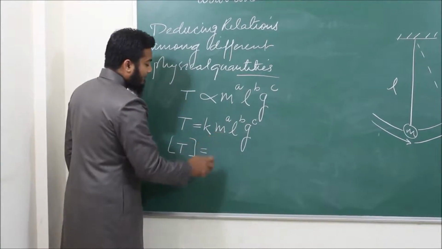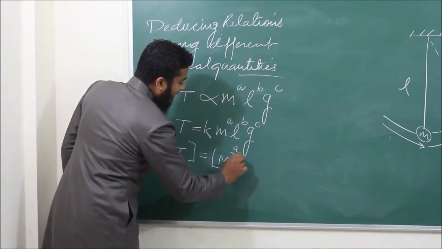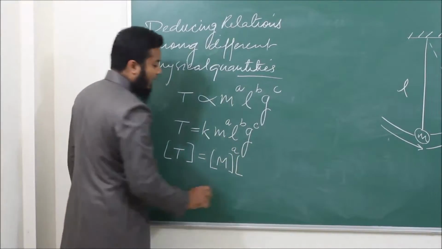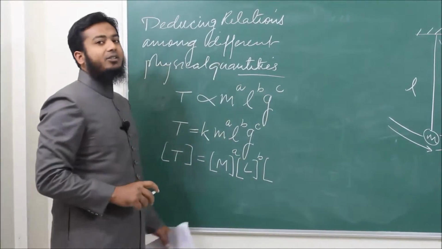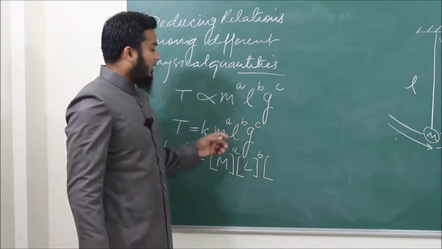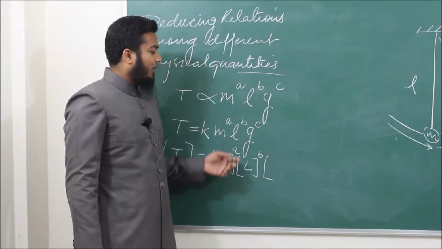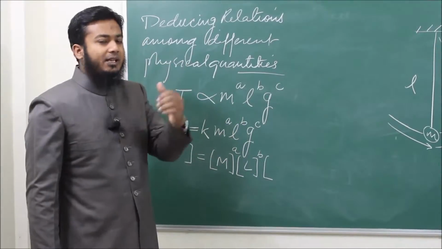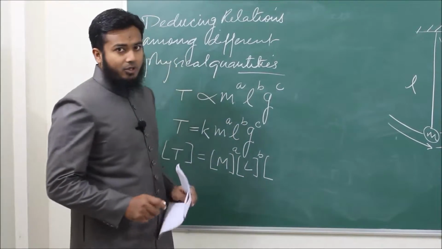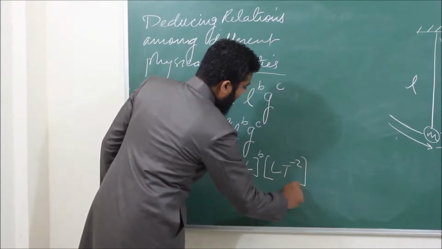So m raised to the power some number a, and this is length, so L raised to the power some number b, and this g is gravitational acceleration. It is due to gravitational force of Earth, so we have written a different symbol. Otherwise this is just like any other acceleration. Dimensionally it is simply any other acceleration, and dimensional formula for acceleration is L t minus 2 and whole raised to the power c.